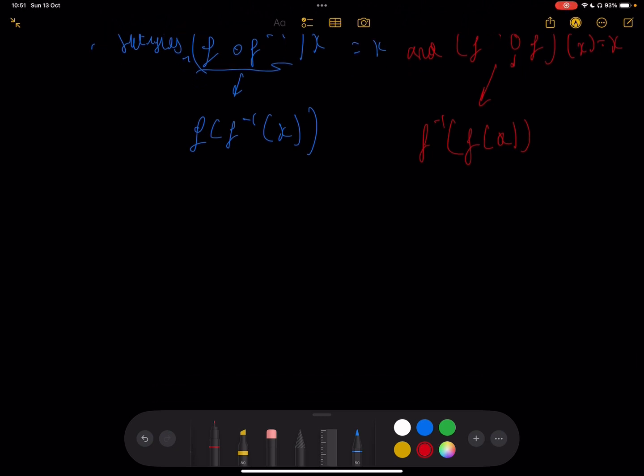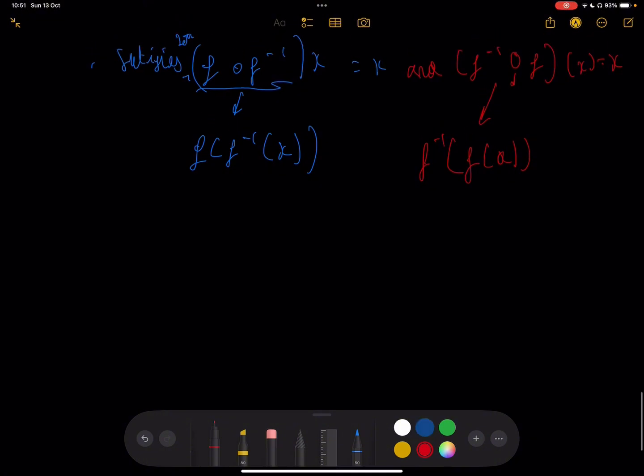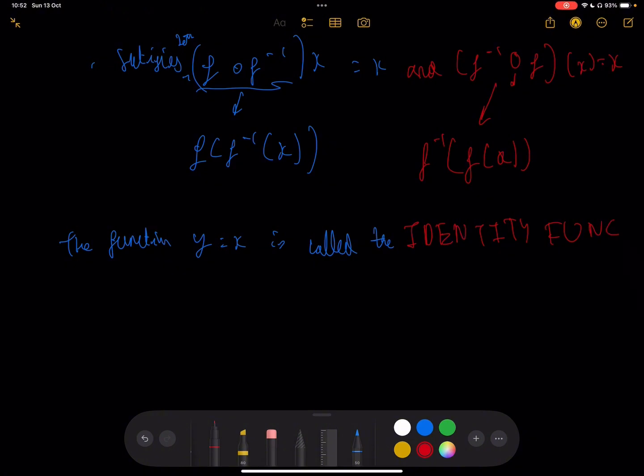Alright, so the function y is equal to x is called the identity function. Right, as it has its own inverse.